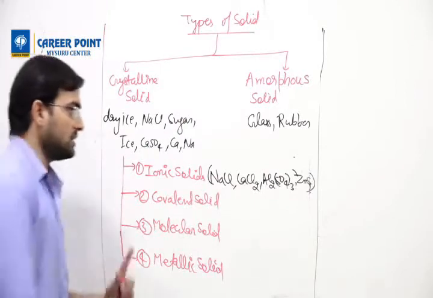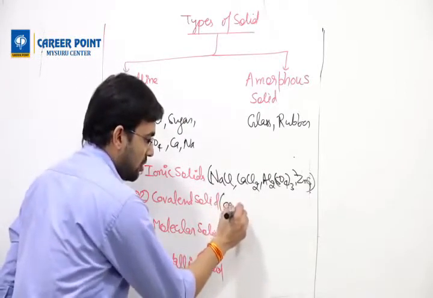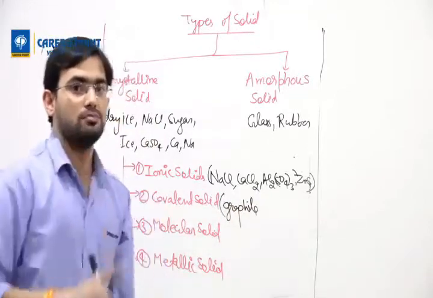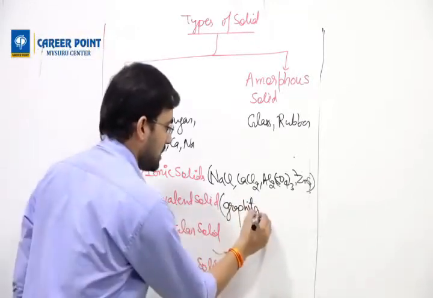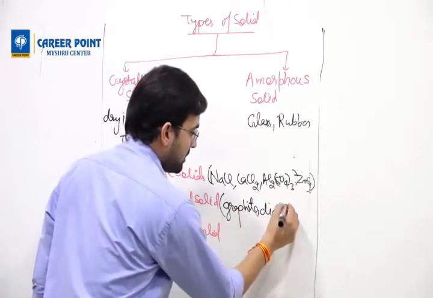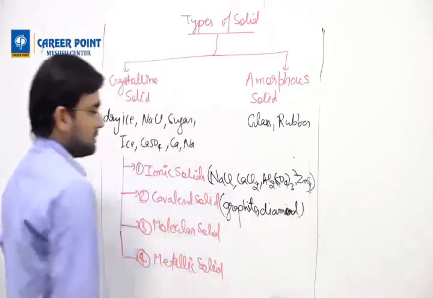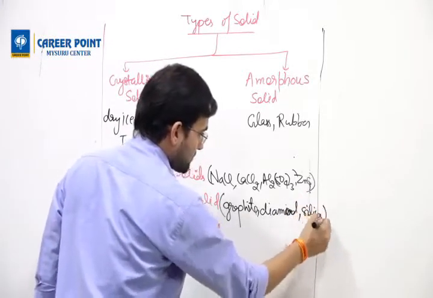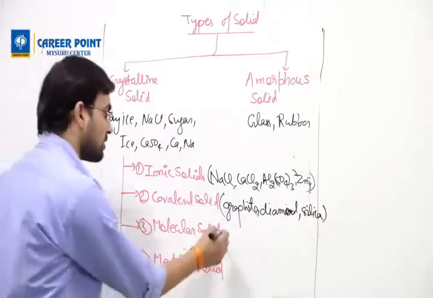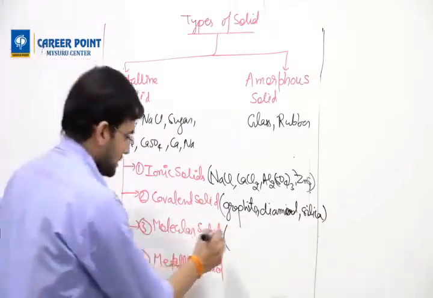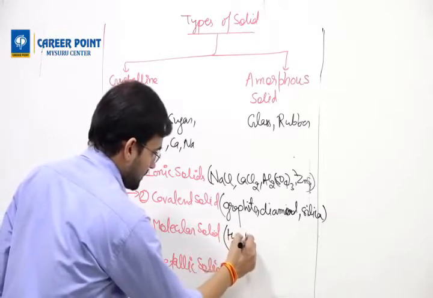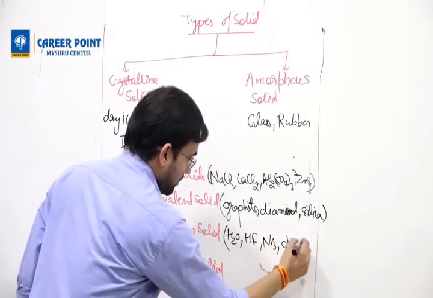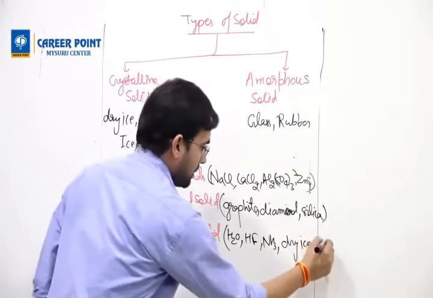Covalent solid is very important. Covalent solids are graphite. A covalent solid does not mean a covalent compound. Covalent solid means graphite, diamond, or silica. Molecular solid means covalent compounds such as water, HF, NH3, dry ice or ice.